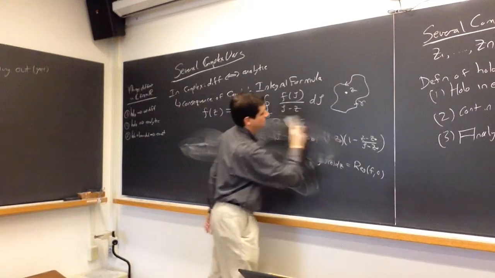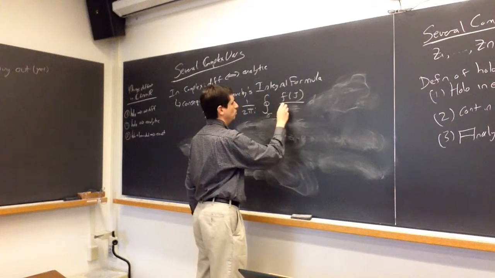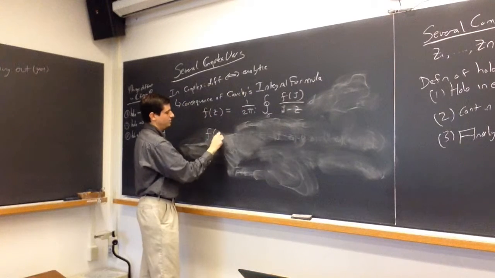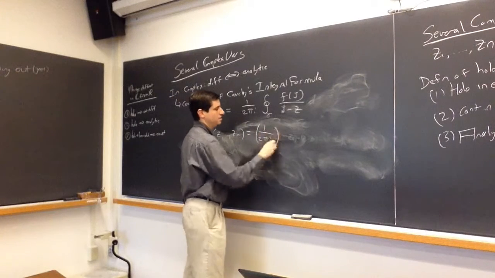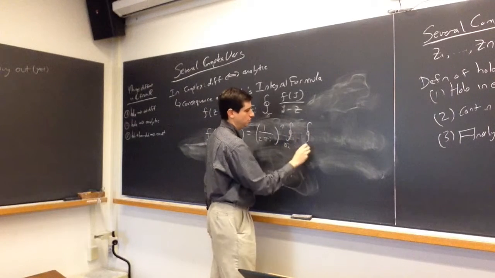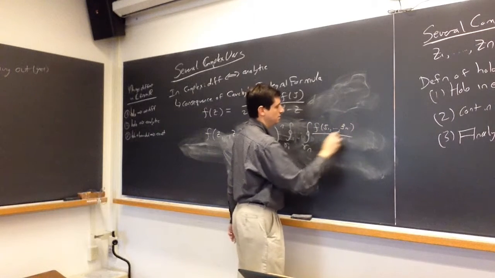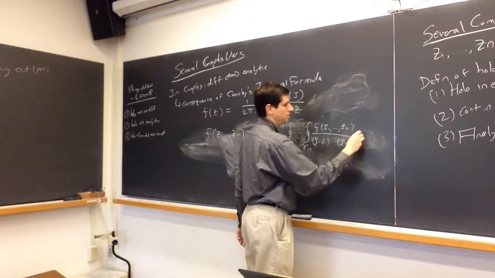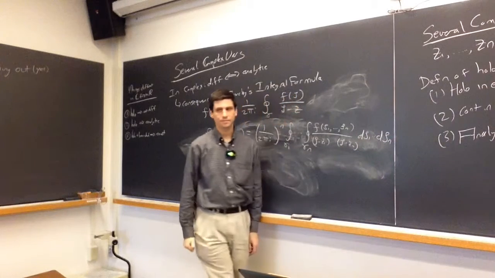I'll write it down. Okay. We'll keep it as is, so you can just compare the differences. f of z1 through zn would be 1 over 2 pi i to the nth power, integral over gamma 1, integral over gamma n, f of zeta 1 through zeta n, over zeta 1 minus z1 through zeta n minus zn, d zeta 1 through d zeta n.